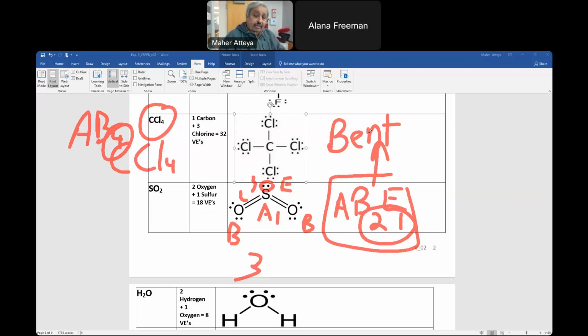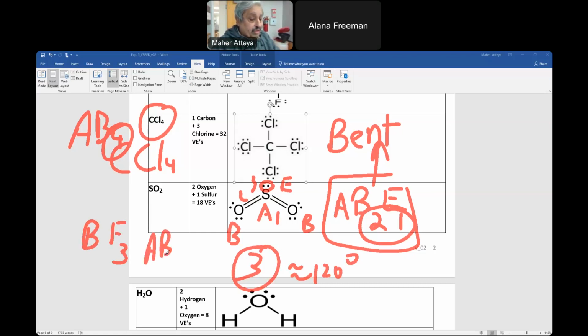Because it has 3 zones, we know the 3 zone without a lone pair is around 120 degrees, correct? Trigonal planar, like the one we just did, BF3, that's AB3, and it's trigonal 120.